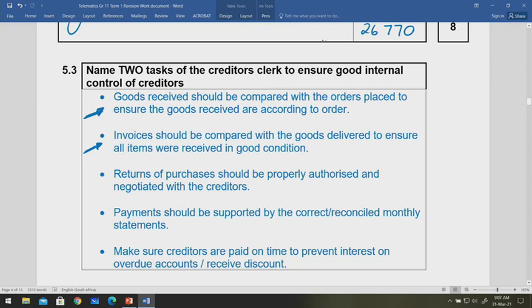When we receive stock that we ordered, we will get a delivery note. We will also get the invoice. We have to sign for it. But obviously, you must make sure that what's in the box is what is on the invoice. So you have to open the box and you have to tick off.